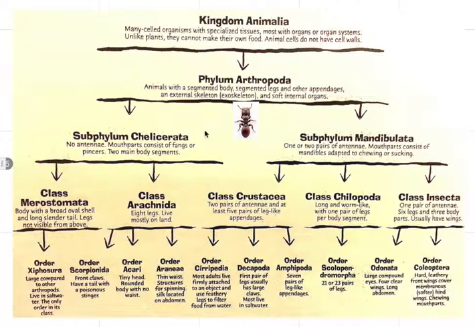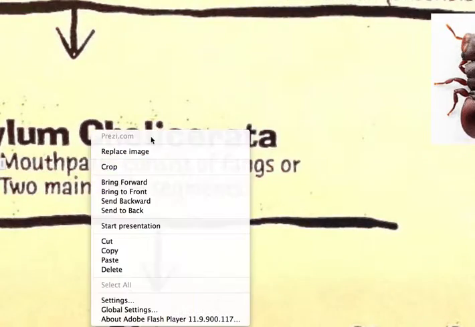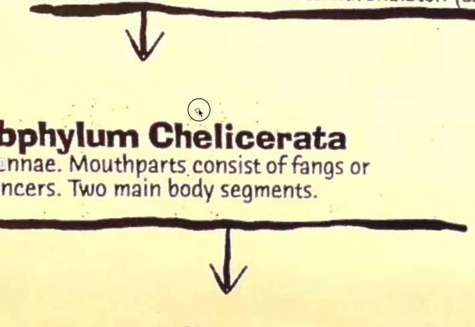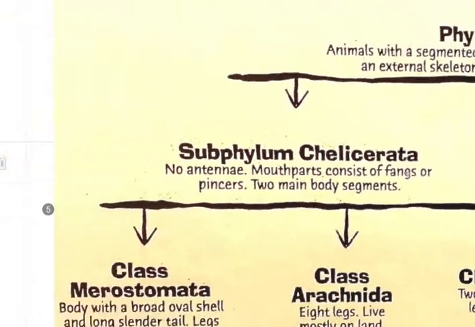Now we have to decide, though, if it should belong to the subphylum of Chelicerata or the subphylum of Mandibulata. So let's look at the physical characteristics. The Chelicerata subphylum would mean that it has no antennae, mouth parts that consist of fangs or pincers, and two main body segments.